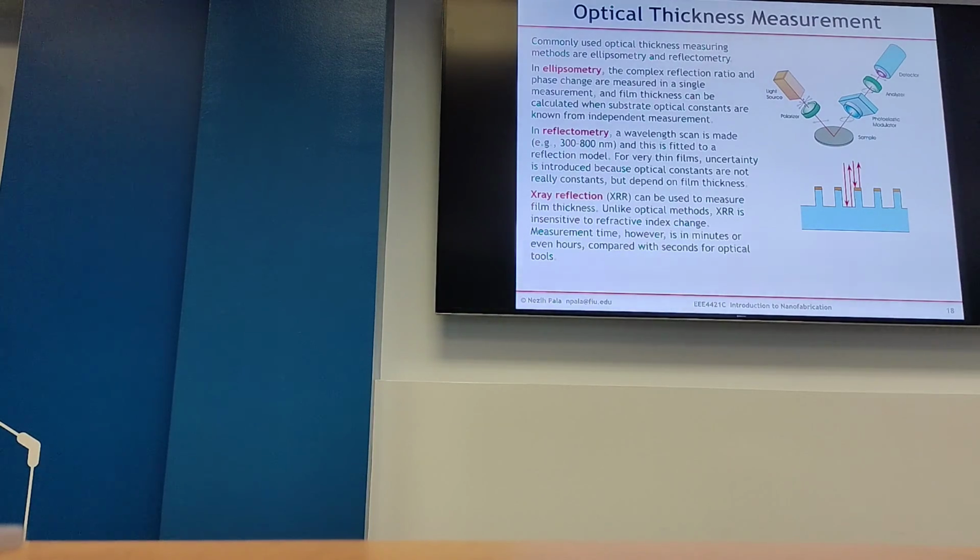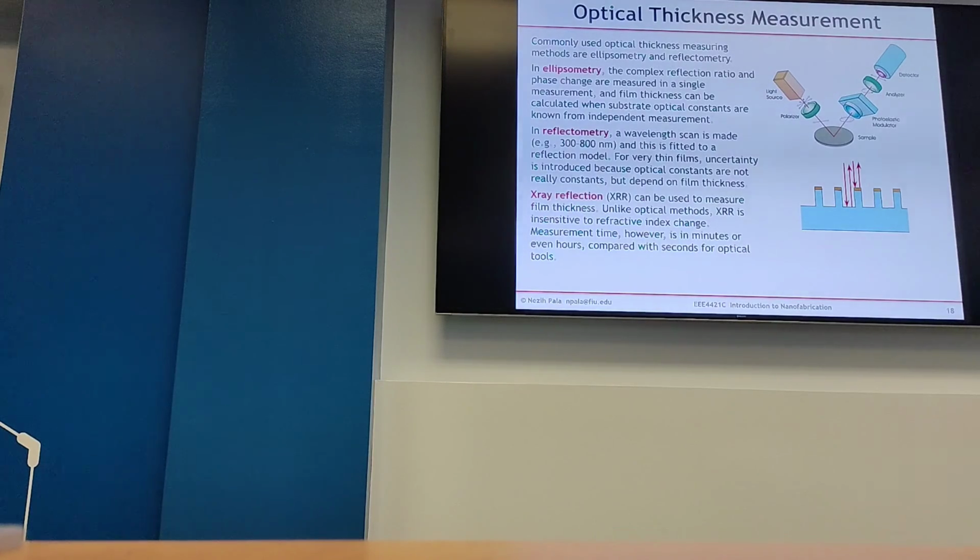And to be able to do that, of course, we need multiple parameters. If you have multiple unknowns, you need multiple equations. For multiple equations, you have to change different parameters. So for ellipsometry, typically you measure the reflection by scanning angle. That allows you to measure one thing, the angle.